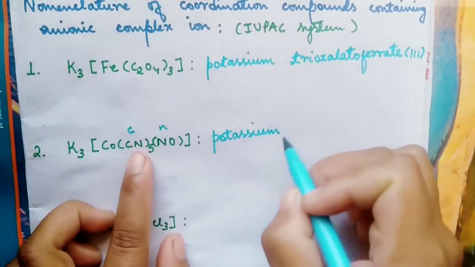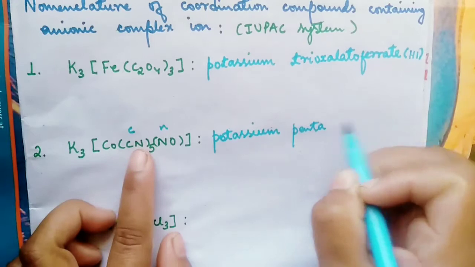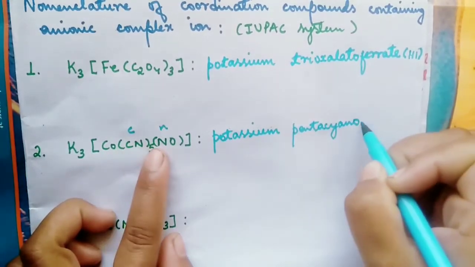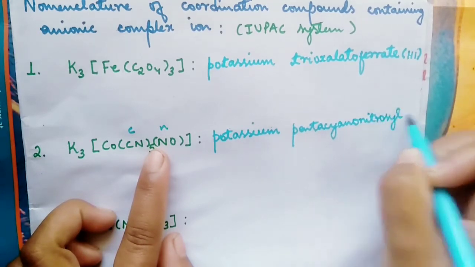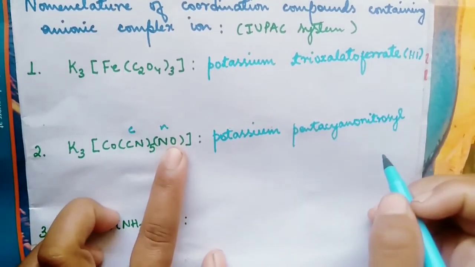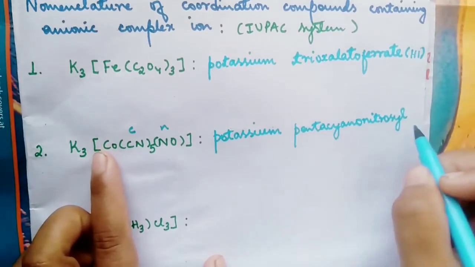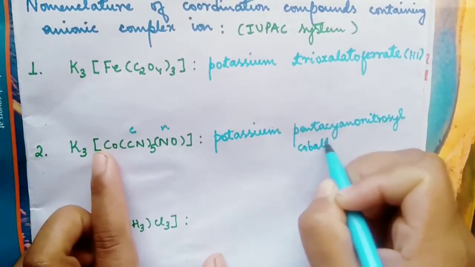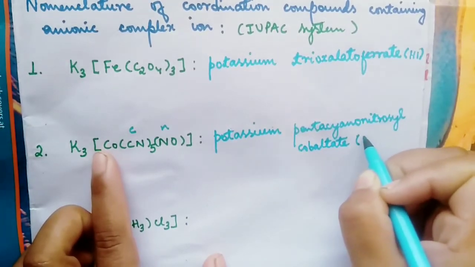So you have to write penta, because there are 5, pentacyano, nitrosyl, and then we don't say cobalt, we say cobaltate, and what is the oxidation state? 2.